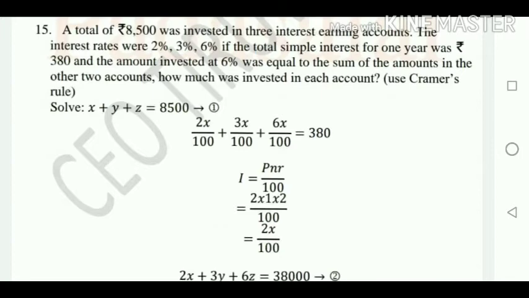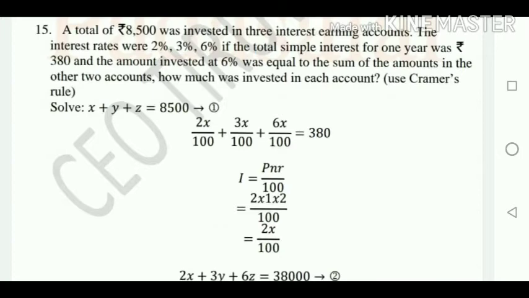Read the question line by line. The first line says that a total of 8,500 was invested in 3 interest earning accounts. Therefore I am taking the 3 accounts as x, y and z. Therefore x plus y plus z equal to 8,500.